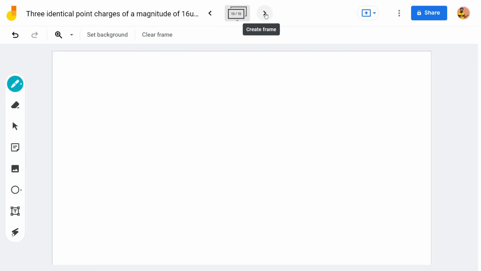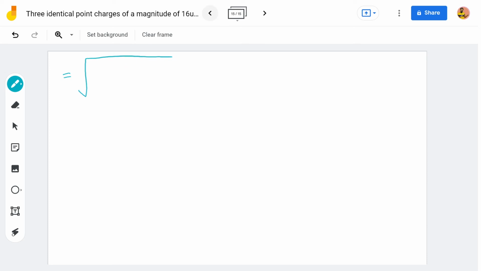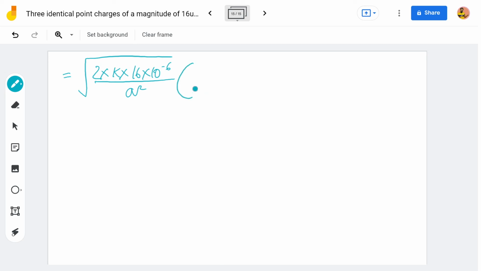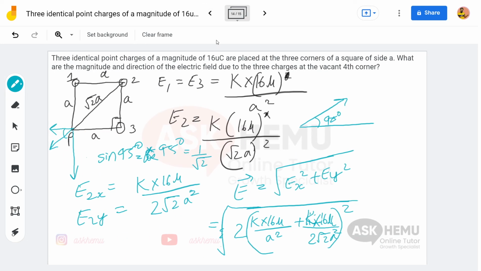Let's do that on the next page. Everything under the square root, I'm taking it out: 2 into k into 16 into 10 to the power minus 6, divided by a squared. I've taken the terms out correctly, and so it's just going to be multiplied by 1 plus 1 over 2 root 2. Shall we check if the 1 plus 1 over 2 root 2 is correct?